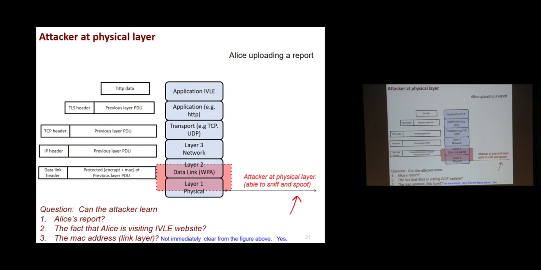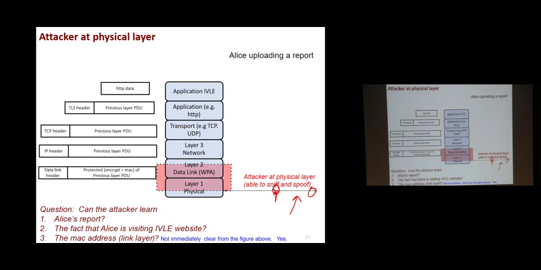In this lecture theater, we have many laptops connected to the Wi-Fi router, and these are protected using WPA2. Now, if Alice is sitting here, Alice submits her report to IVLE, Luminous. Bob is sitting over here. Bob is able to sniff everything over the air. So now the question is, is Bob able to get Alice's report? The answer is no.